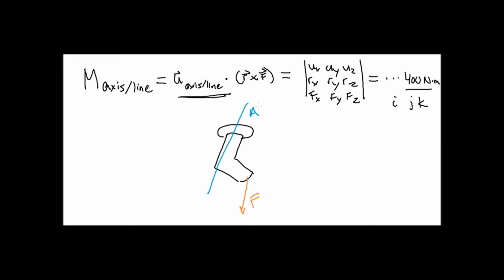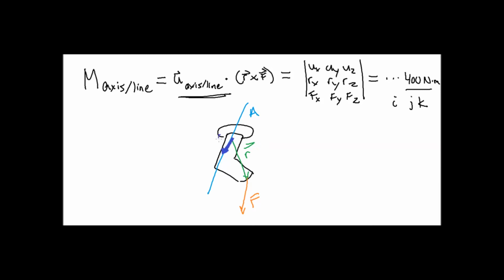Well, the position vector that we pick, R, can really be any position vector from here to here. So let's just say that that's going to be R. And our unit vector will have to be along A. It is one unit in length, but in the direction of our line or our axis.